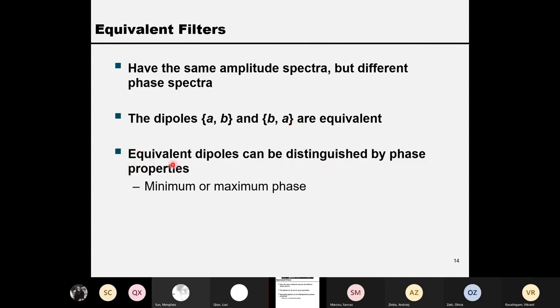So equivalent filter dipoles can be distinguished by the phase properties, either minimum or maximum phase. That's the concept. We will use this concept to smooth out the difficulty for our inverse filter.